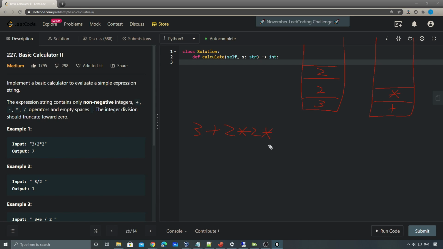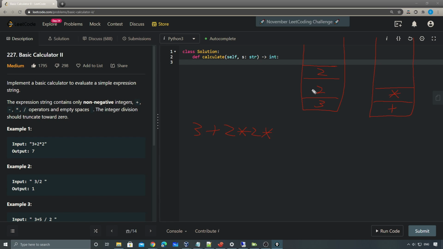Now we're at this multiply operator. It is not greater than the top one. Then we know that now we can calculate the previous result. So now we have this 2 times 2 here.